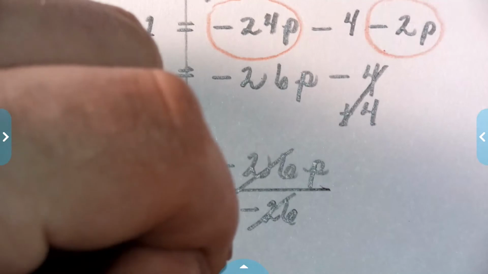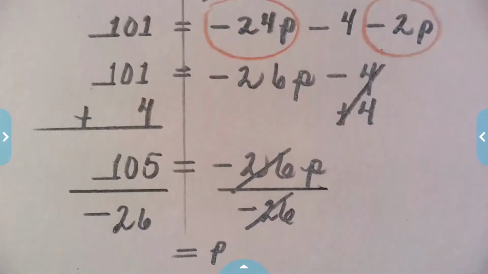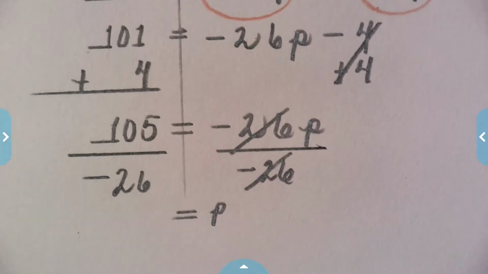Cancel, cancel. And so p is going to equal whatever this reduced fraction is. Well, 26 is 13 times 2. And I'm wondering if 104 is divisible by 13.